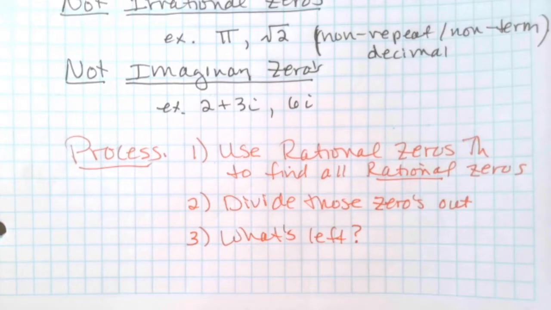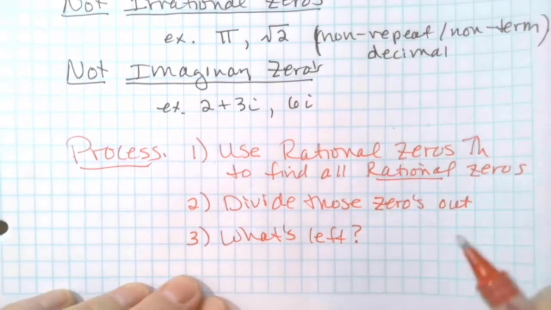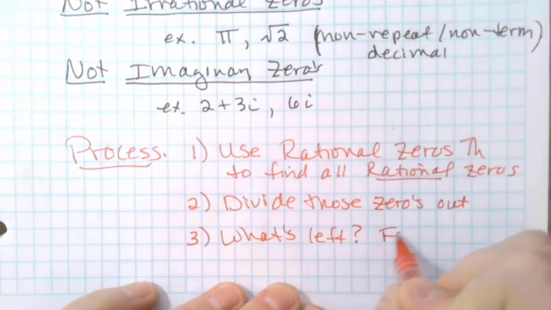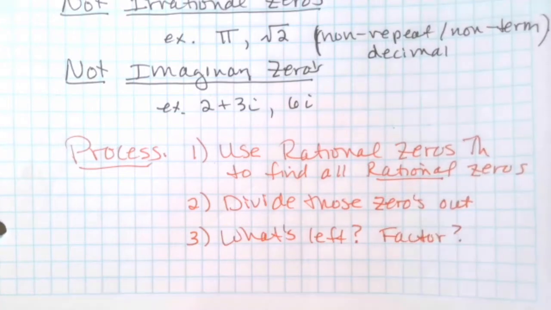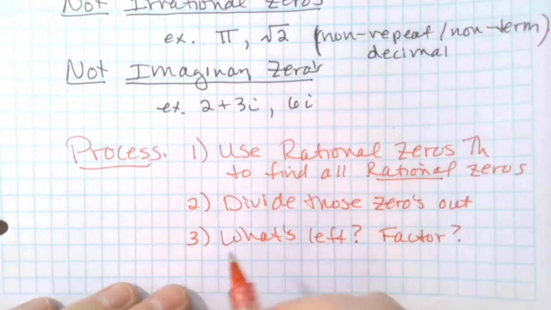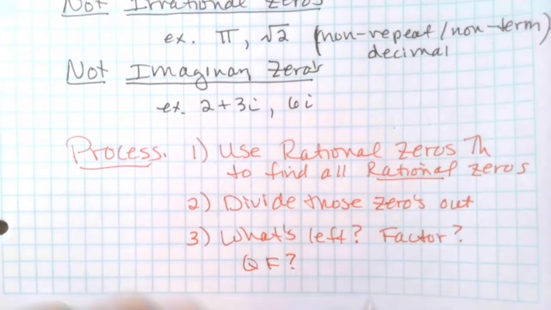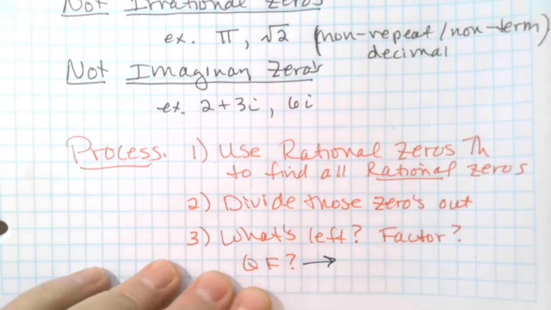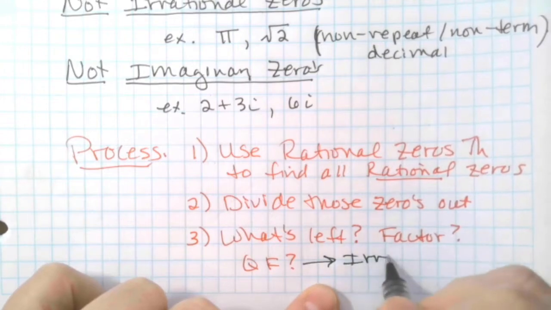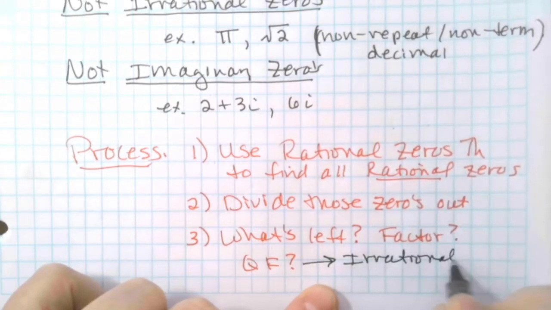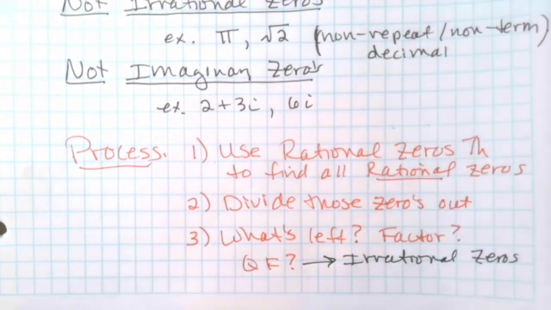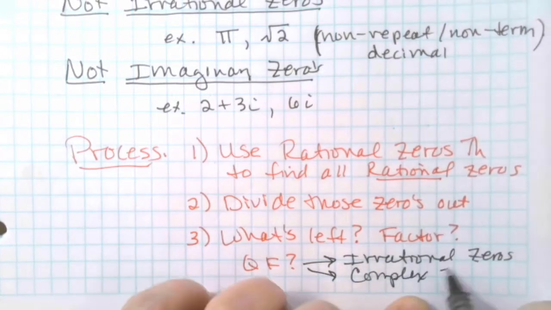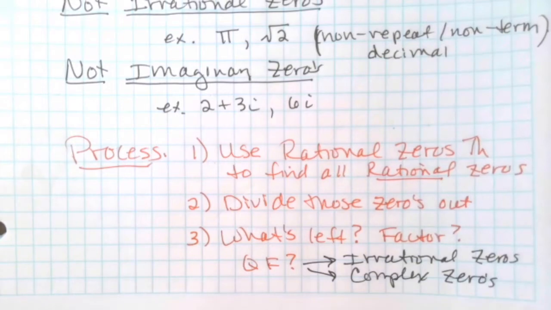So this is where, we assume what's left is not factorable, but you try to factor it, of course. If it doesn't factor, you can use the quadratic formula. And from the quadratic formula, that's where you get your irrational zeros and your complex zeros. It's at the very end of the process.